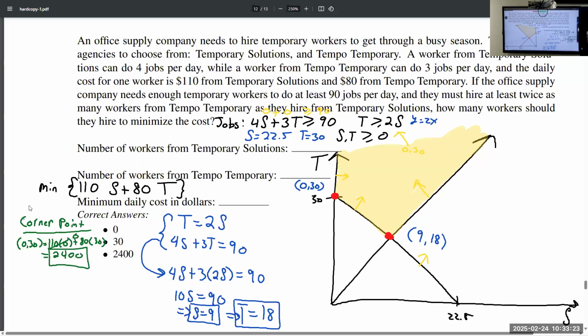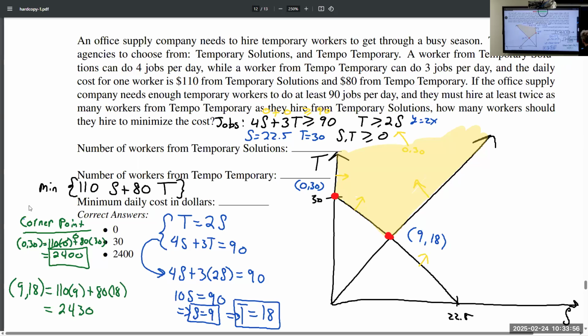Okay. And then the other point is (9, 18). And that would be 110 times 9 plus 80 times 18. That's 2,430.